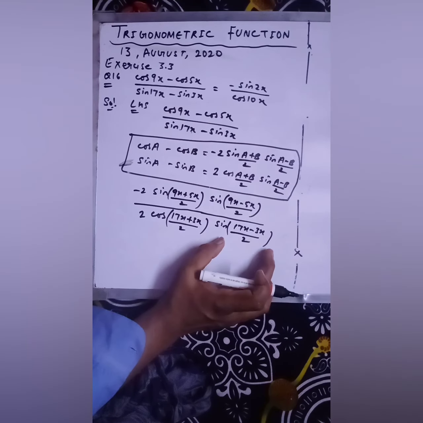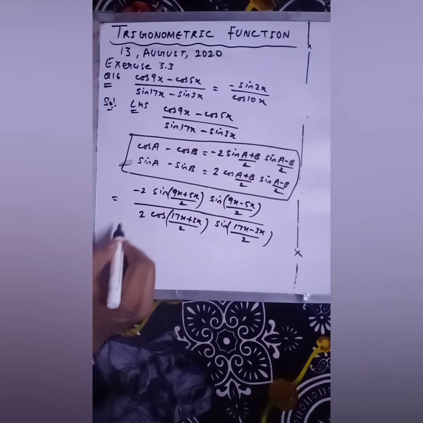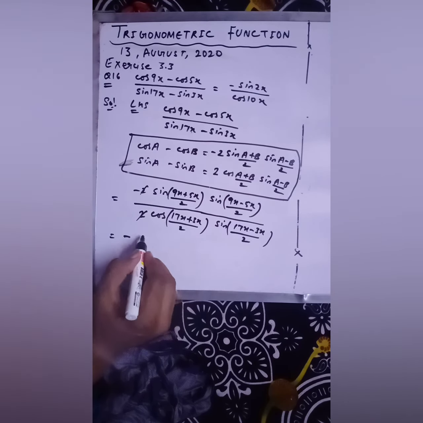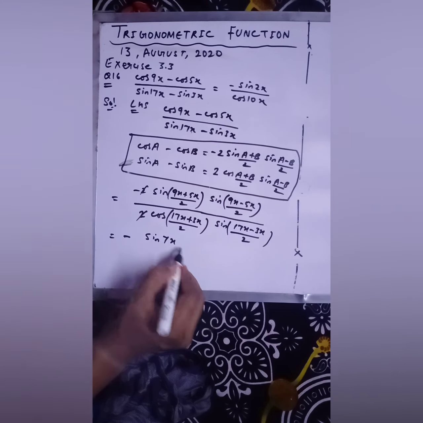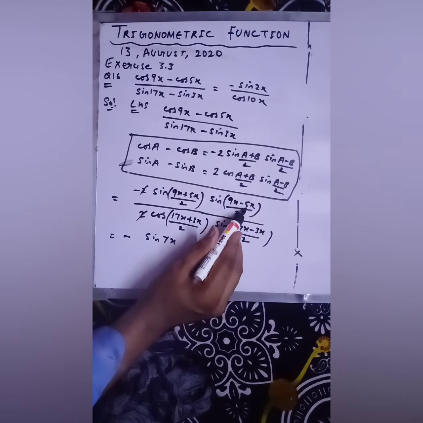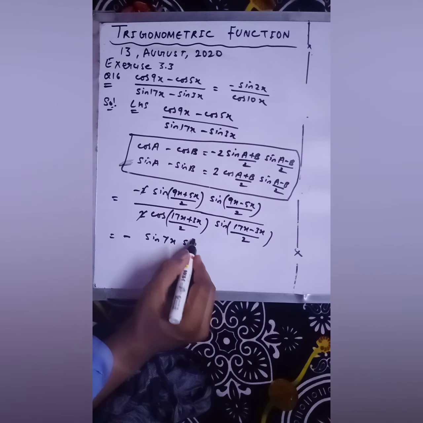This you have to write. Now this 2 and 2 will cancel out, minus this will give you sin, this is 14x upon 2, that would be 7x. This would be 4x upon 2, that would be 2x.